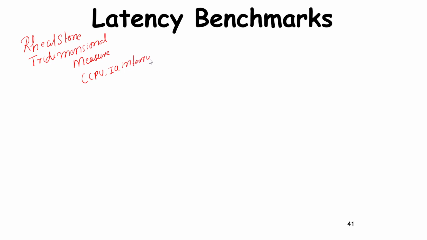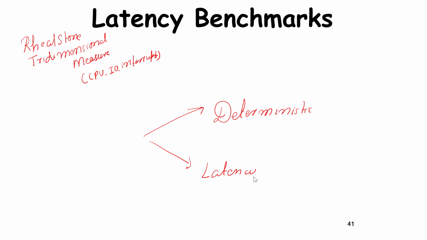And then we are looking at here two kinds of benchmarks: deterministic and latency benchmarks. Deterministic benchmarks further we divided into different categories. So one was to measure timer jitter, which is basically nothing but to measure interrupt response.